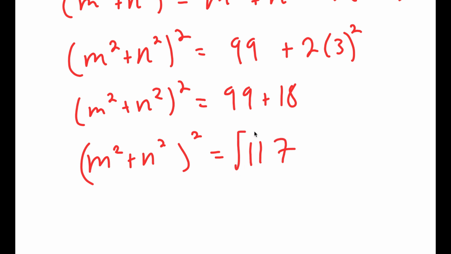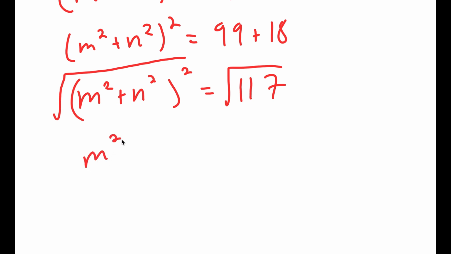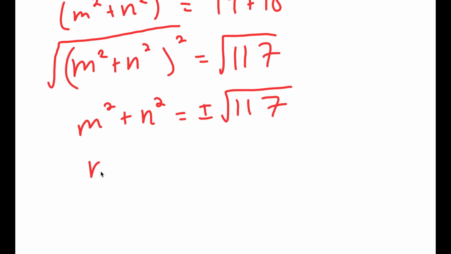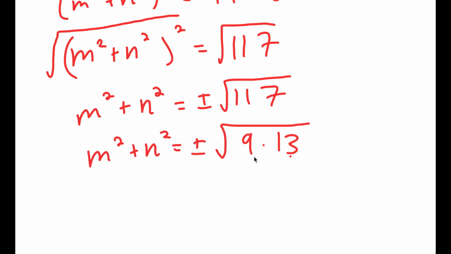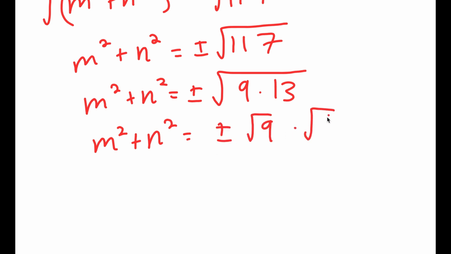So now I'm going to take the square root on both sides. So now I get m squared plus n squared is equal to positive or negative square root of 117, which turns into positive or negative square root of 9 times 13, which is going to turn into positive or negative square root of 9 times square root of 13.